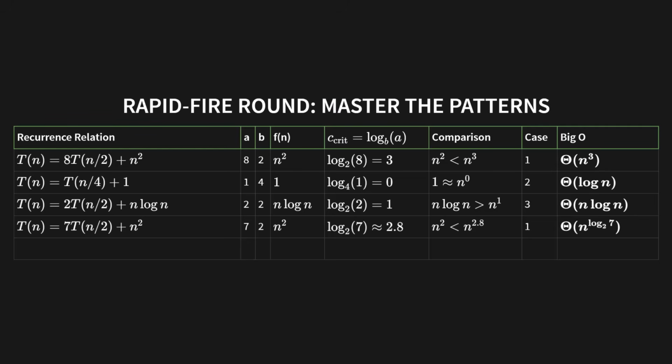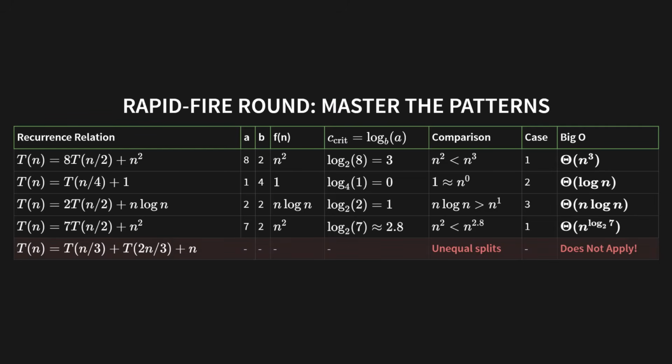The answer is theta of n to the power of log base 2 of 7. Okay, last one. T(n) equals T(n/3) plus T(2n/3) plus n. Wait a second, the splits, n/3 and 2n/3, are unequal. This doesn't fit the formula. The master theorem does not apply here.